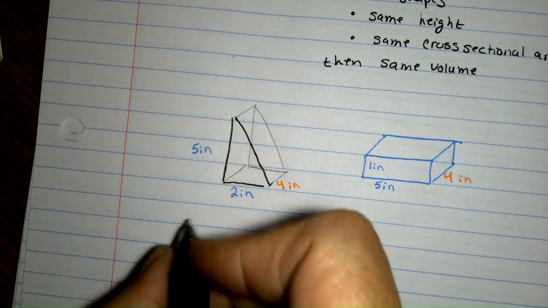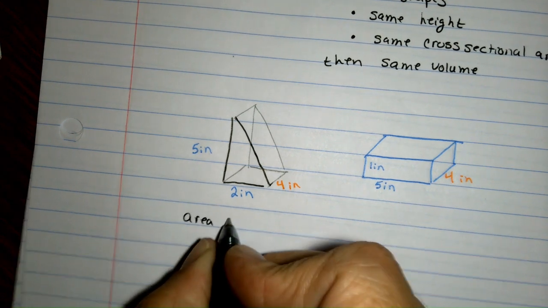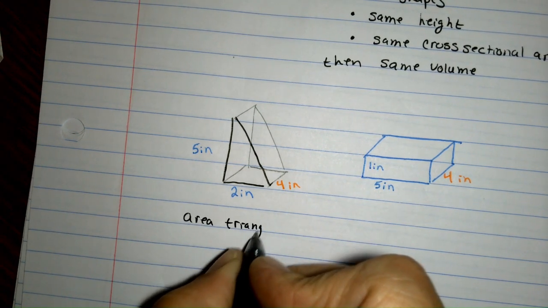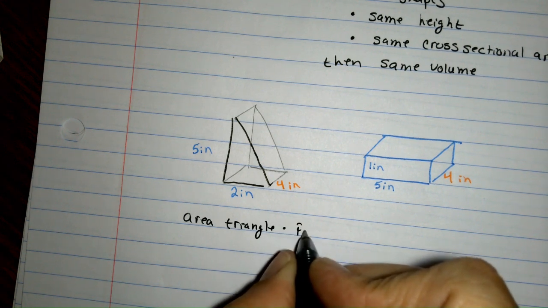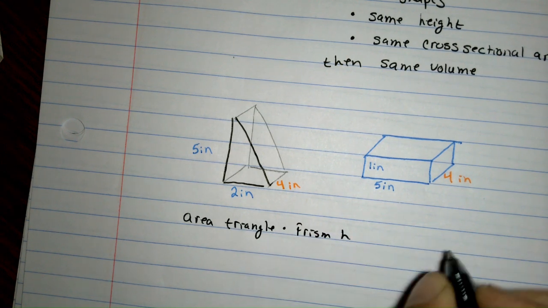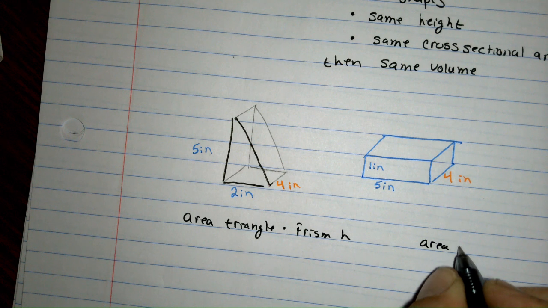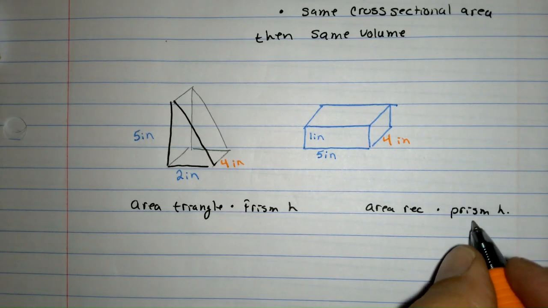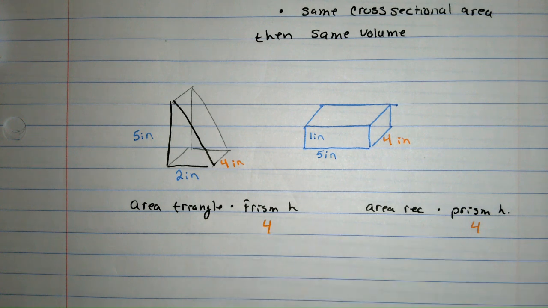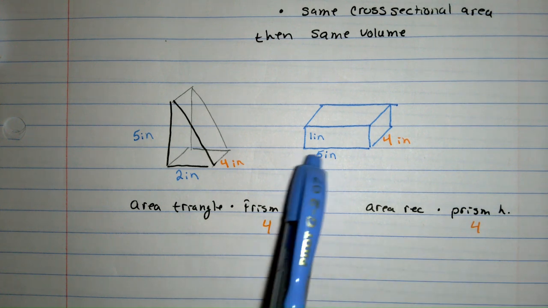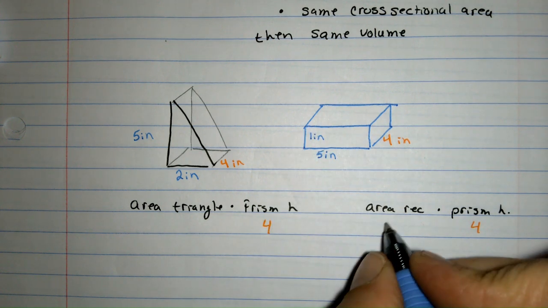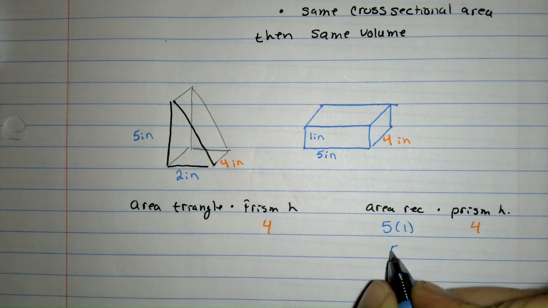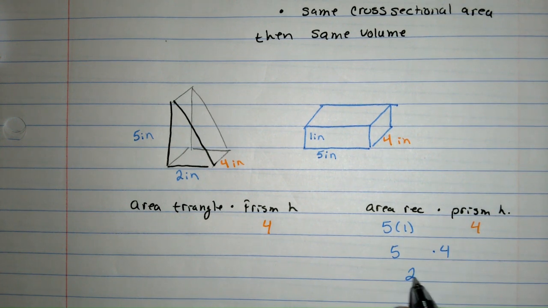So here we'd have the area of the triangle times the prism height versus area of the rectangle times the prism height. Now, in both cases, our prism height is 4. Okay, and the area of the rectangle, 5 by 1, is 5. This has a volume of 20.